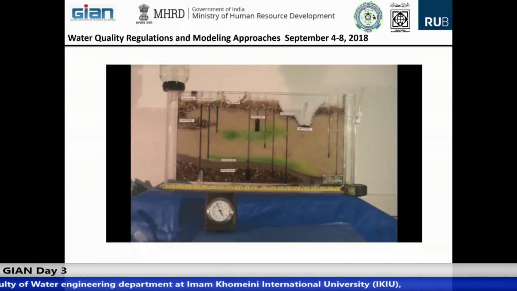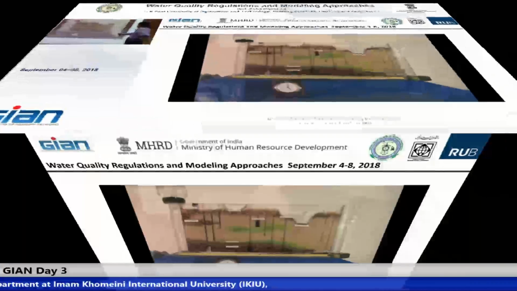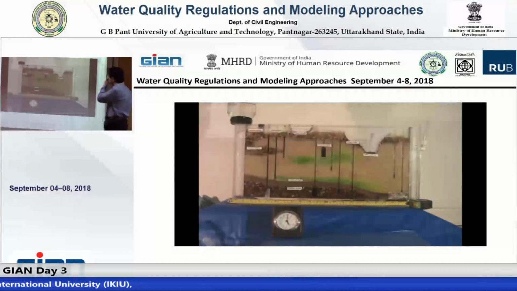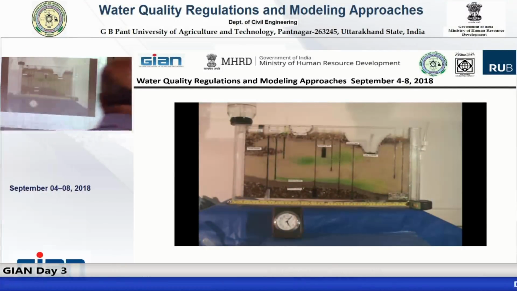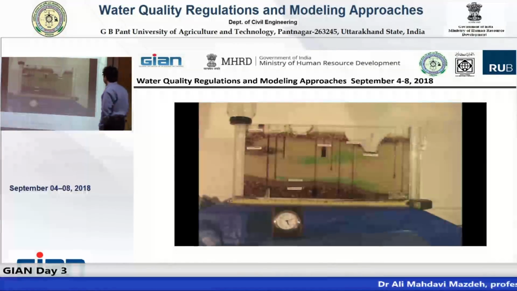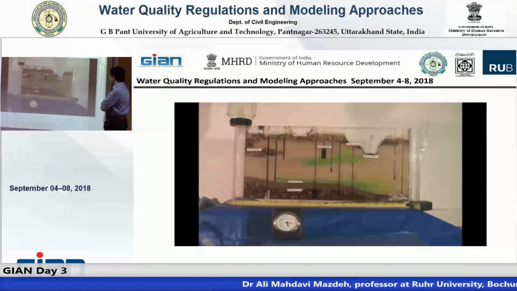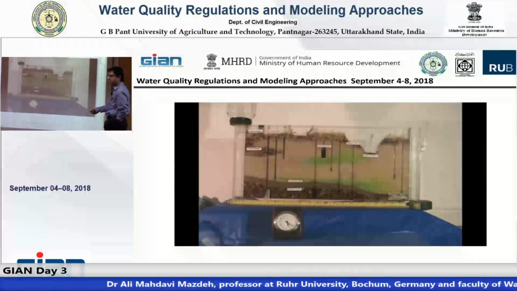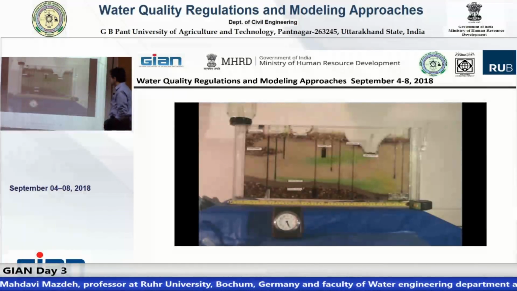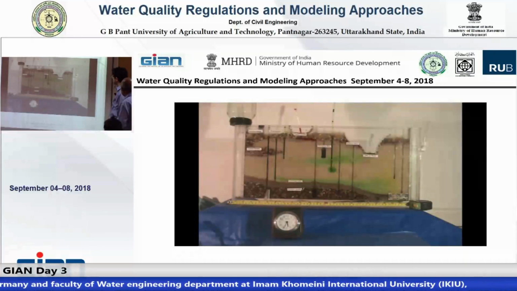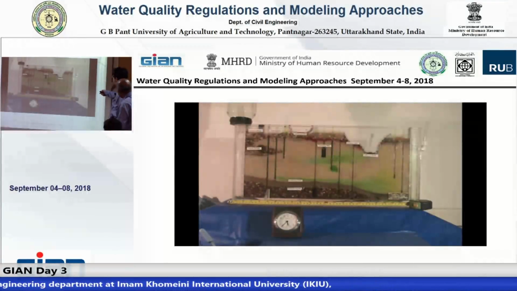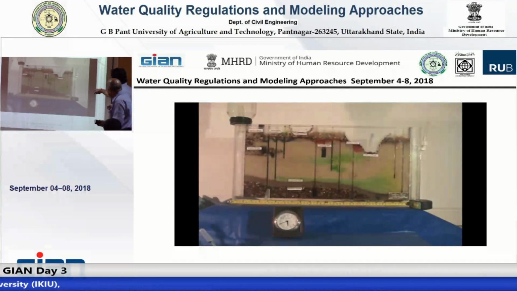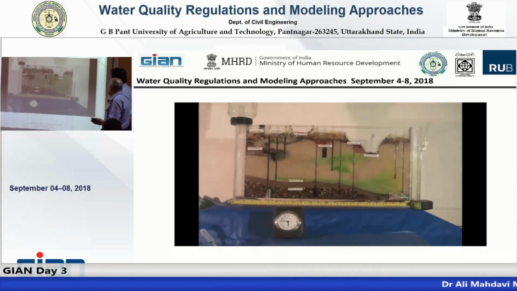The groundwater table is here and here. And you can see the time also. Yes. These are piezometers, but this is an experimental one. These are vertical piezometers, these lines are like wells.